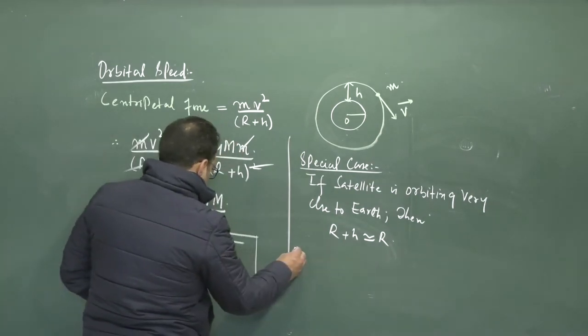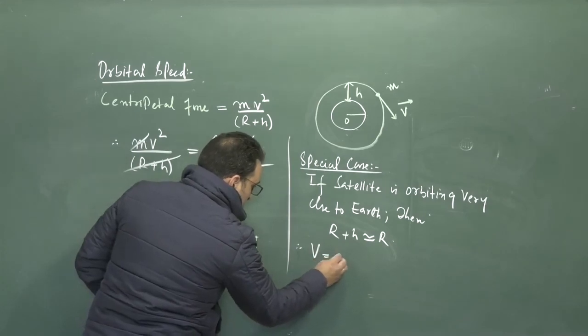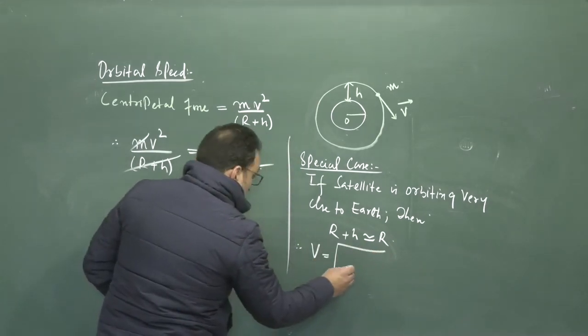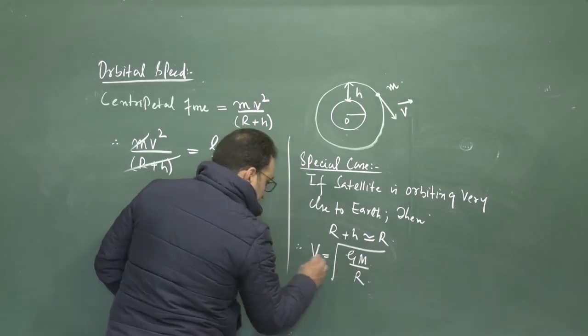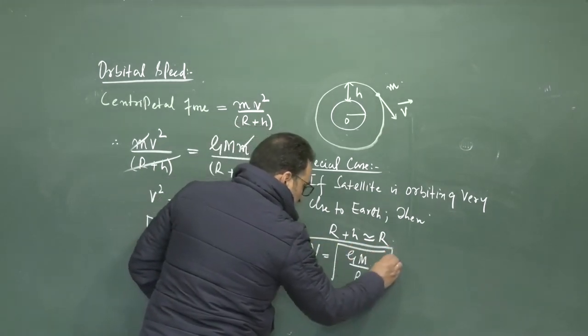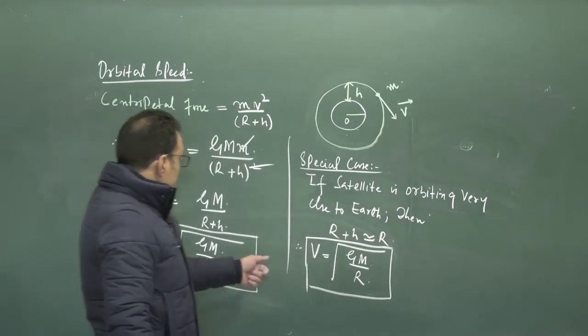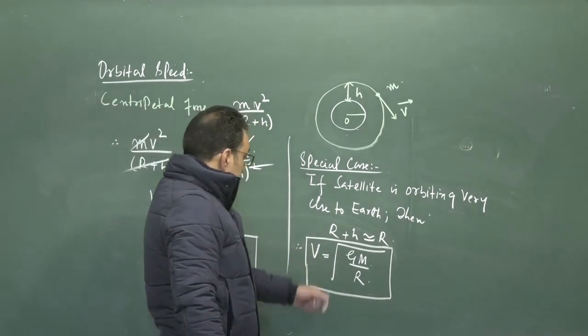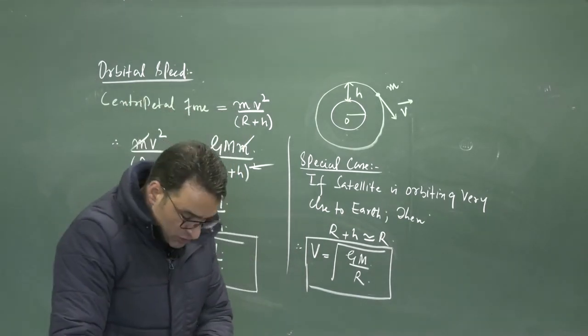Therefore, with this substitution, the orbital speed comes out to be under root of GM by R. This equation gives the orbital speed if the satellite is orbiting very close to the Earth.